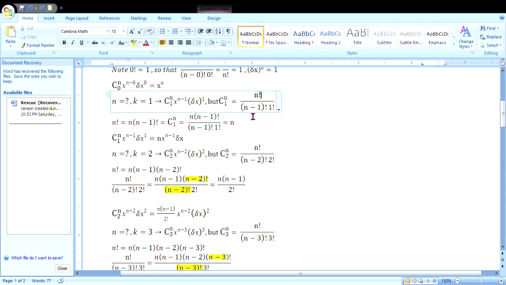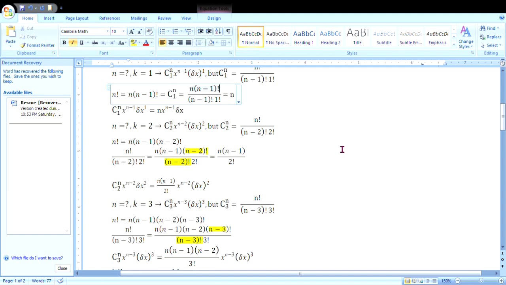So that n minus 1 factorial and n minus 1 factorial cancel off. So this becomes n times x raised to power n minus 1 delta x. That is when k is 1.